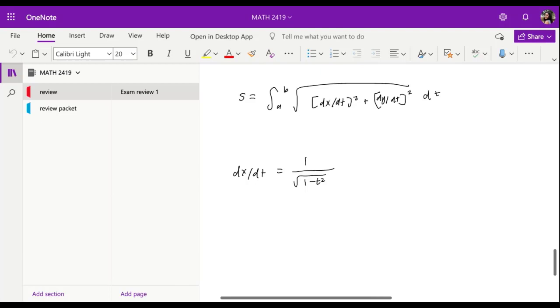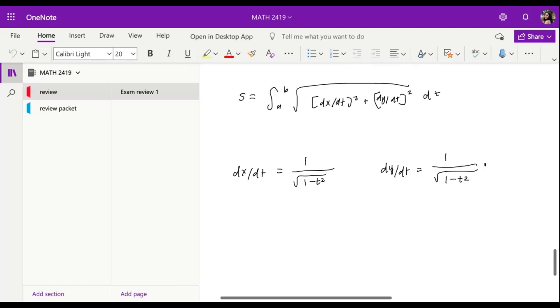And then for y, dy/dt, we're going to take the derivative of ln of square root of 1 minus t squared. So we'll have 1 over square root of 1 minus t squared, and then we'll multiply it by the derivative of the inside, which is going to be 1/2.